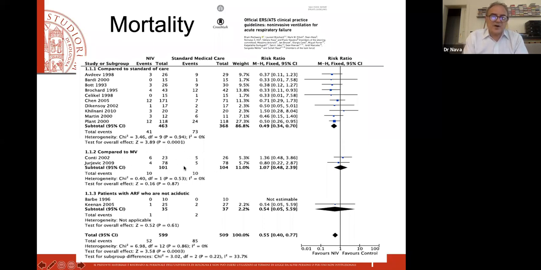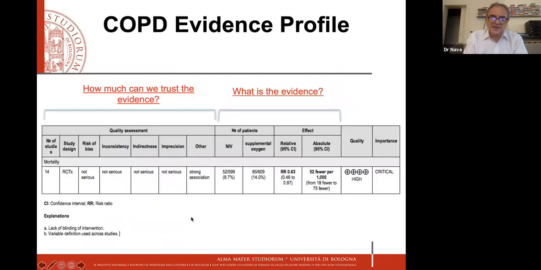Second group, only 2 studies, a face-to-face comparison between NIV and mechanical ventilation, that means endotracheal intubation. No difference in the main outcome, that was mortality. And then a third subset of patients, or rather studies, of patients with acute respiratory failure who are not acidotic. Well, once more, no major difference between NIV and standard medical treatment.